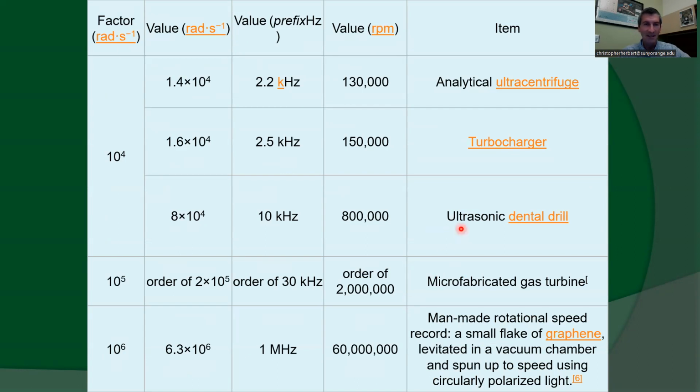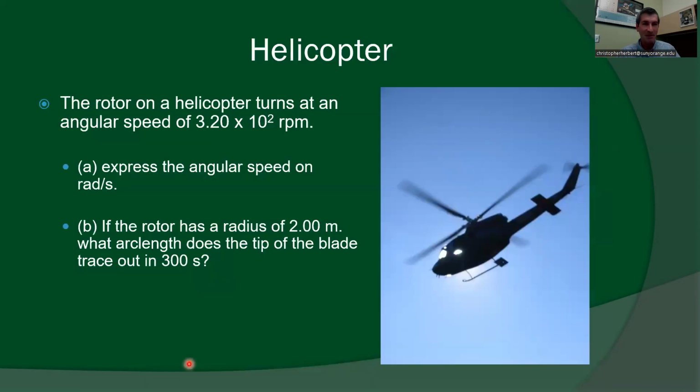I know we all love these things. They spin at a very high rate of speed to reduce the amount of pain. That is 80,000 radians per second. And the fastest that we've been able to get anything to rotate in the lab is about 6.3 mega radians per second.